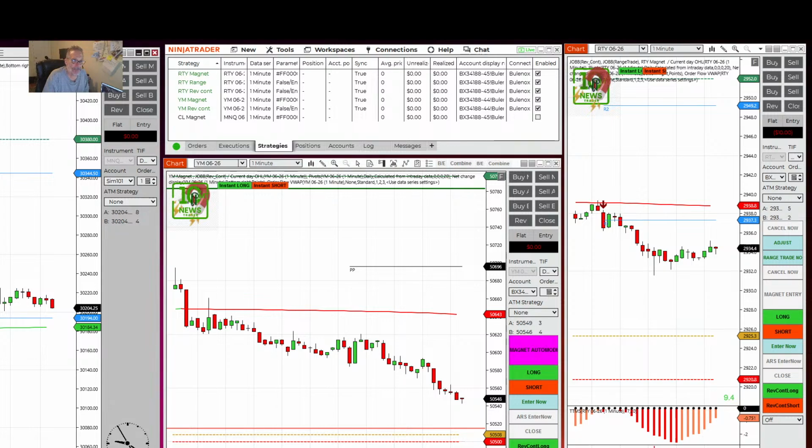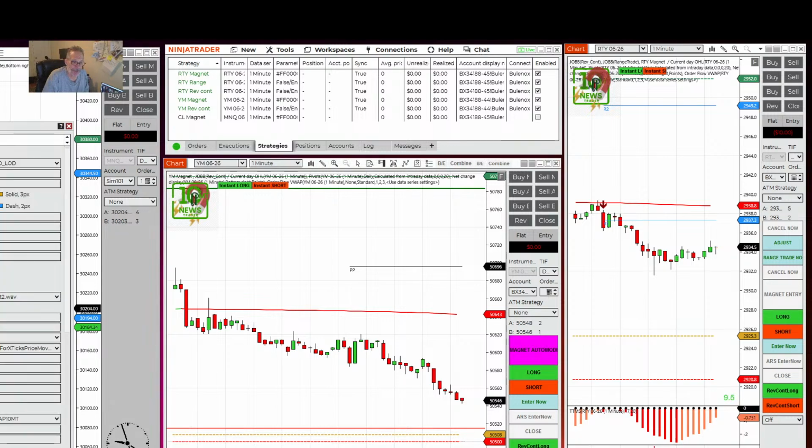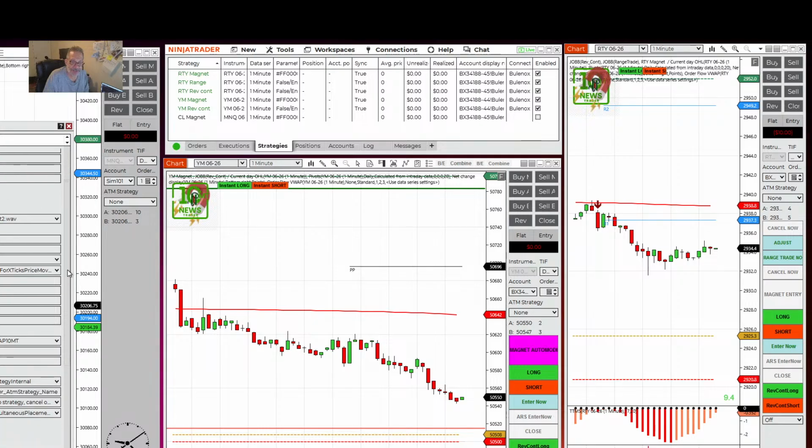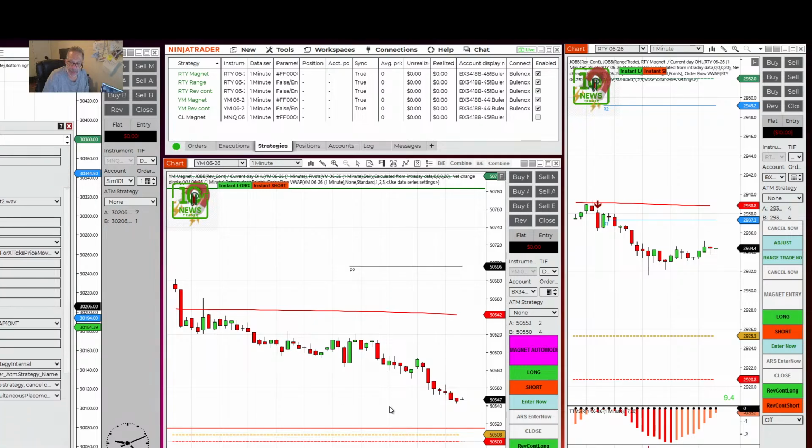Going back to our magnet on the MNQ: high of day, low of day, a couple of contracts, 1 position, -3 on our default target, 75 stop, it's only 50 cents a tick. And I was talking about programming the buttons. If you get a signal, the ARS enter now button will activate.